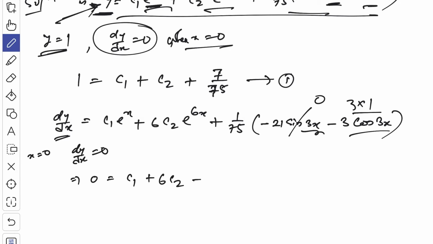Okay, because cos 0 is 1, so then there is a minus sign, so it becomes minus 3 by 75. That's what we have got. This is equation number 2.